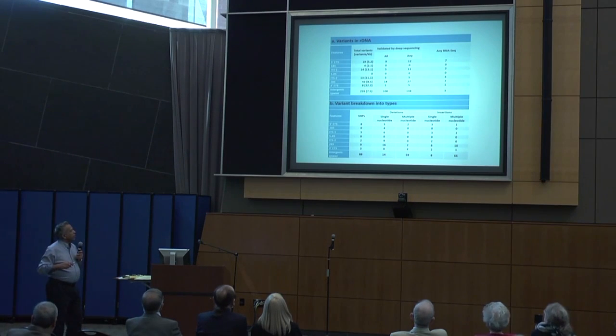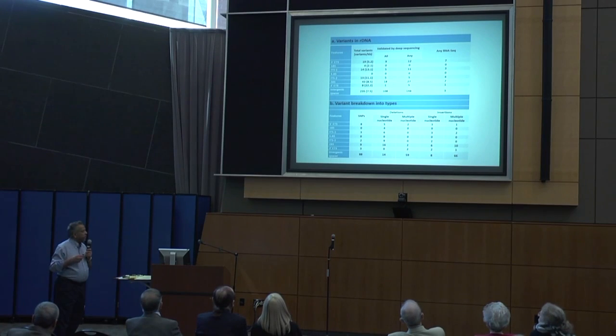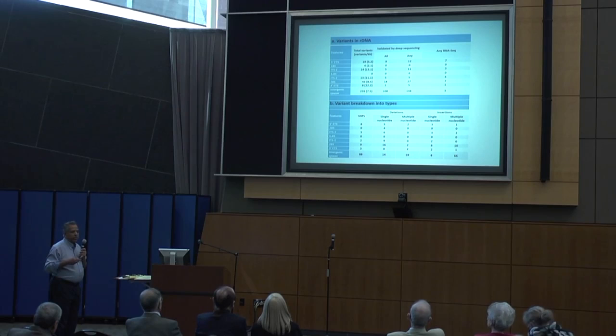So we know that these variants that we have isolated and identified are valid, and they should be distributed through the population in some way. That needs to be worked out by sequencing more people, of course.